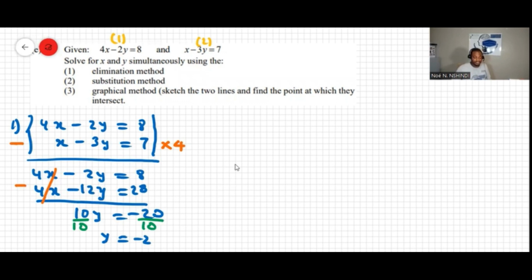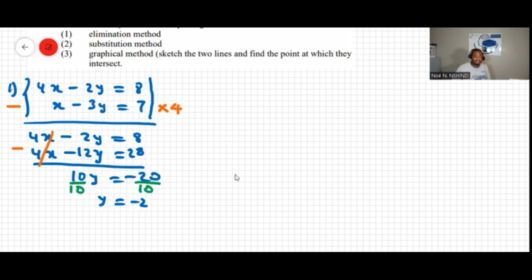Now that I got the value of y, I can substitute it in either equation 1 or equation 2. I prefer to do that in equation 2. So we have x minus 3y equals 7, and y is negative 2.